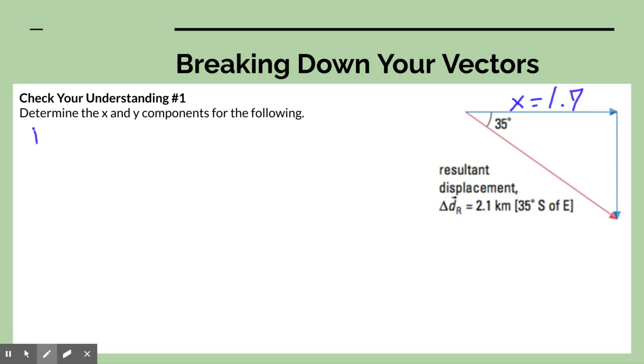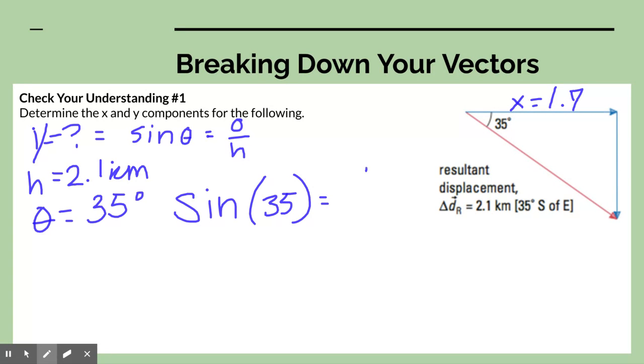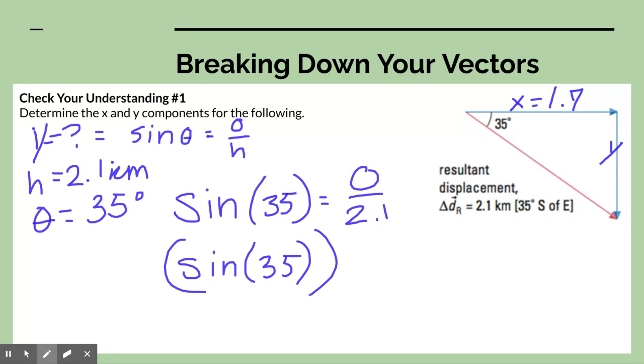We're looking for the y, and our hypotenuse is equal to 2.1 kilometers, and our theta is equal to 35 degrees. We know we've got to use sine of theta equals opposite over hypotenuse. So sine 35 is equal to opposite, because we don't have opposite yet, this is solving for y, over 2.1. We do the same thing: sine 35 times 2.1 is equal to opposite.